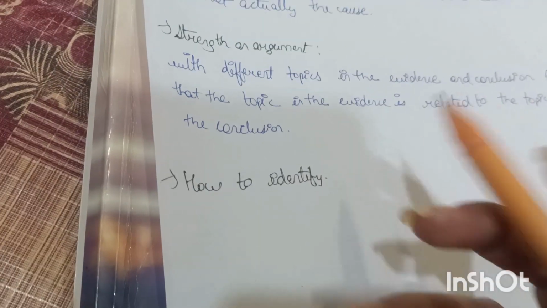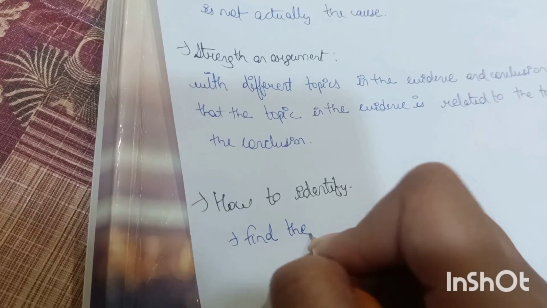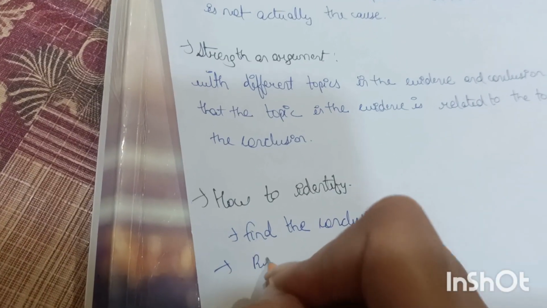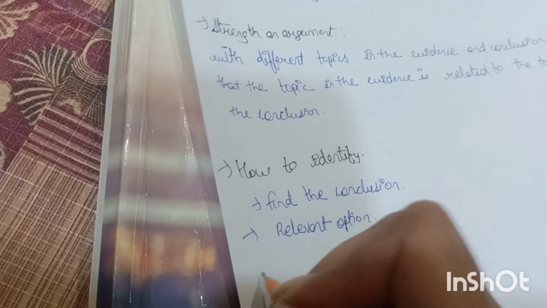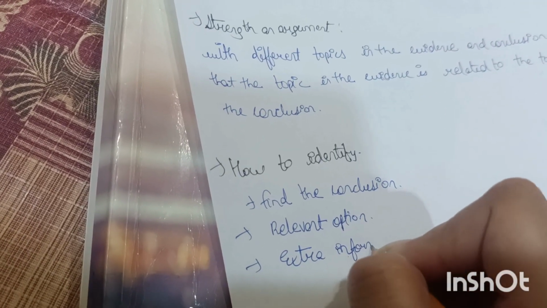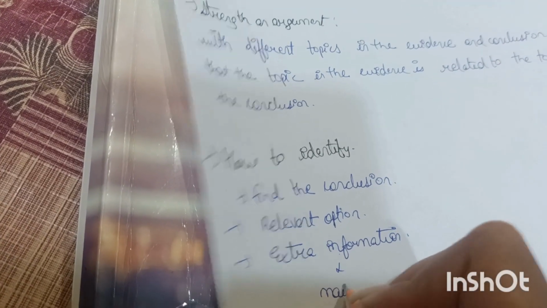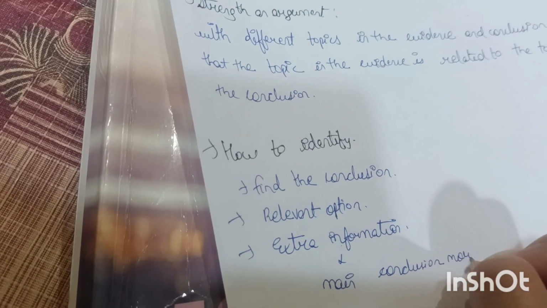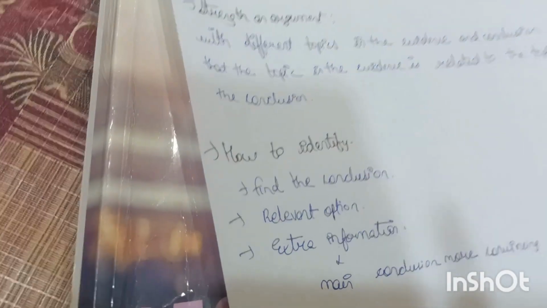Now let's see how you can identify the statement. First you have to find the conclusion. Then find the relevant option. Then look at the extra information. And see the main conclusion made more convincing. Let me explain.